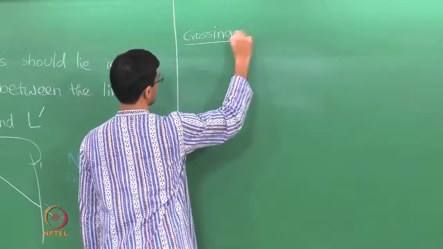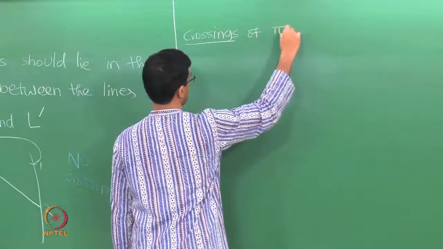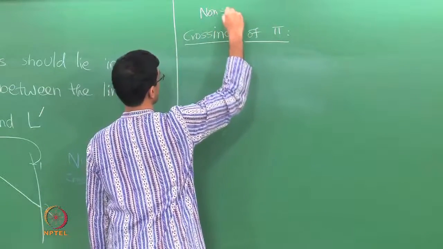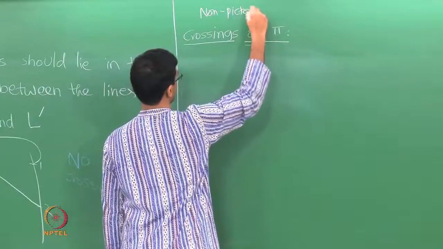So recall, what does a crossing, the non-pictorial definition of a crossing, mean? What are the crossings of a permutation pi? This is the more formal definition.